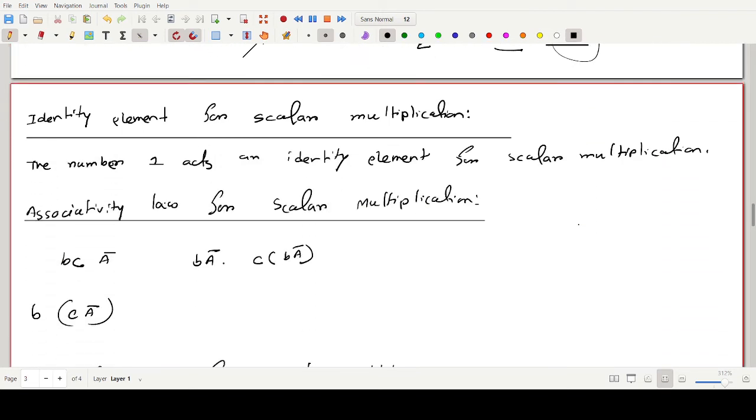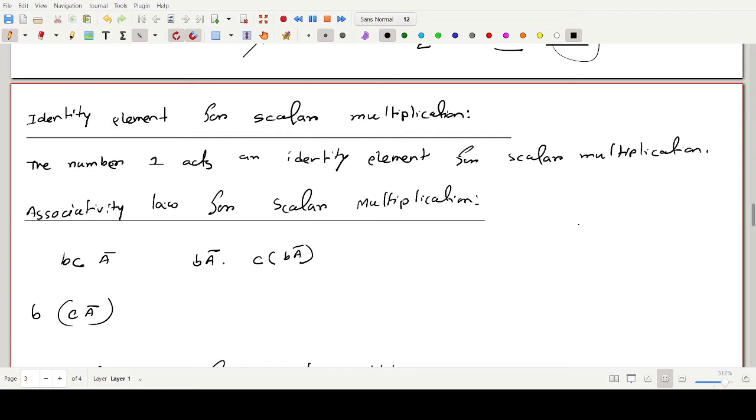Okay, so there is an identity element for scalar multiplication. We actually have identity elements for different kinds of operations, like vector addition, where we had 0. If we add 0 to a vector a, the vector remains unchanged.